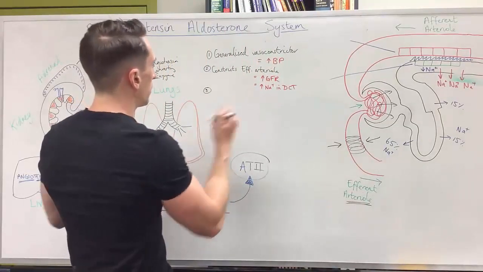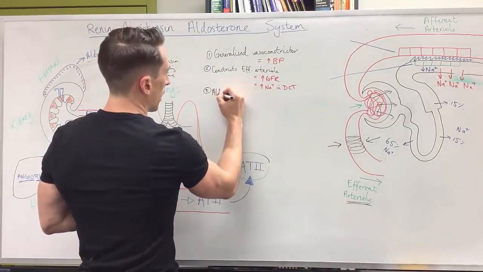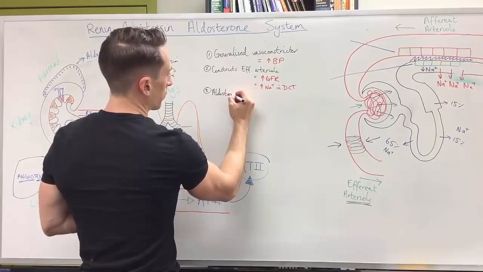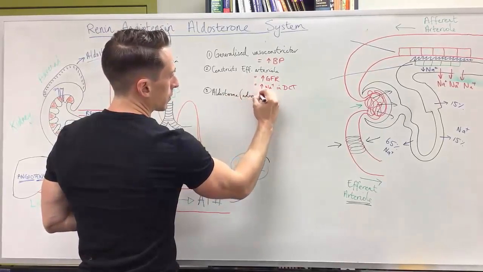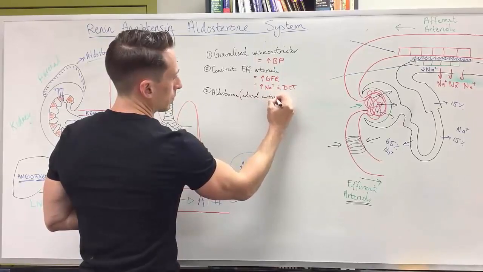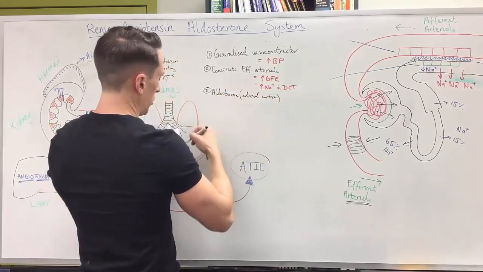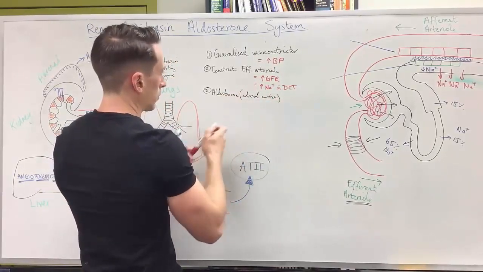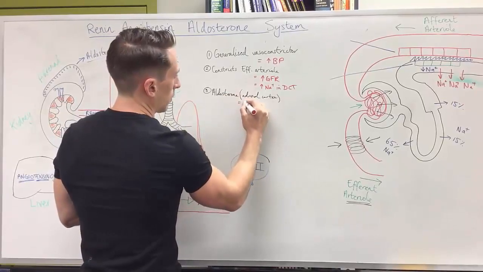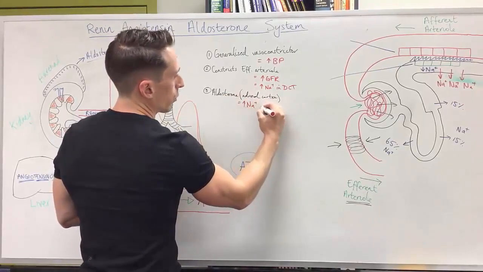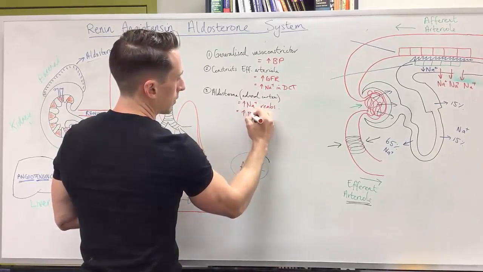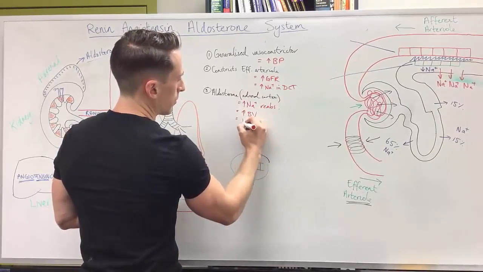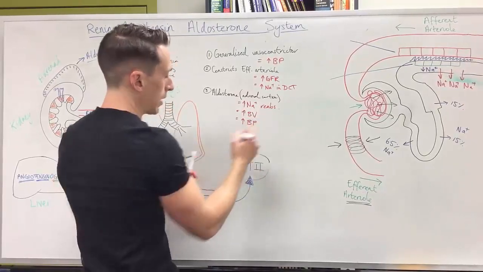So number 3, aldosterone from adrenal cortex. And what's it do? Increases sodium reabsorption, which ends up increasing blood volume, which ends up increasing blood pressure.